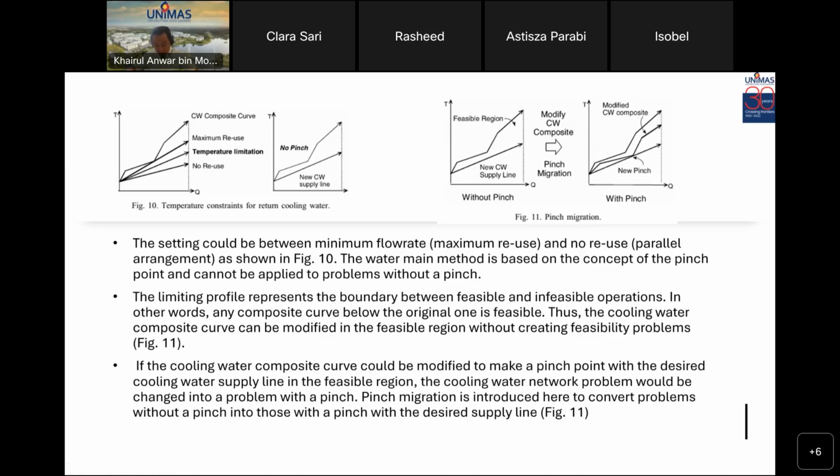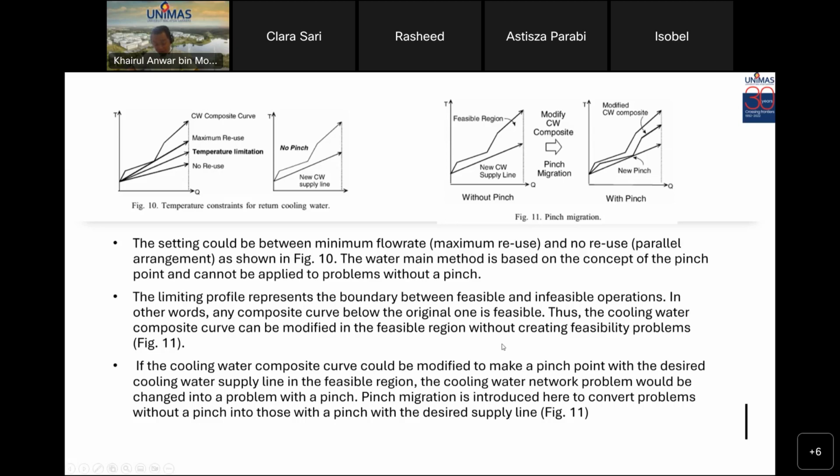If the cooling water composite curve could be modified to make a pinch point with the desired cooling water supply line in the feasible region, the cooling water network problem would be changed into a problem with a pinch.